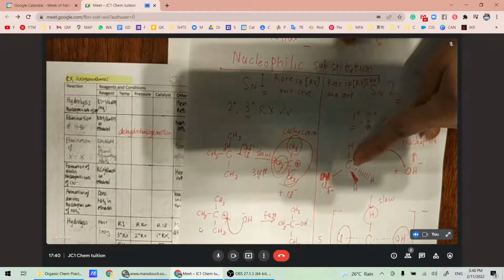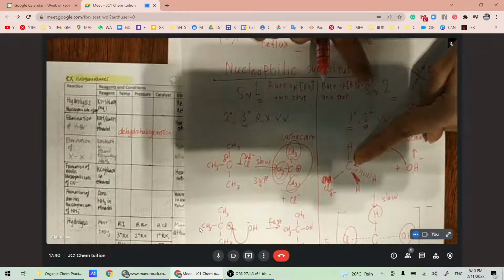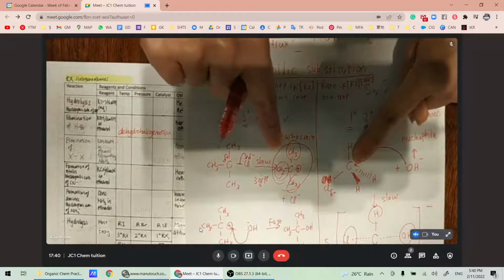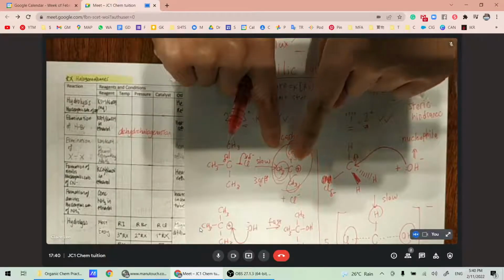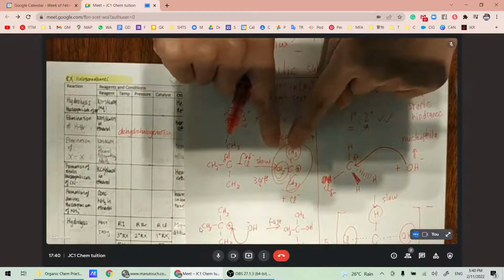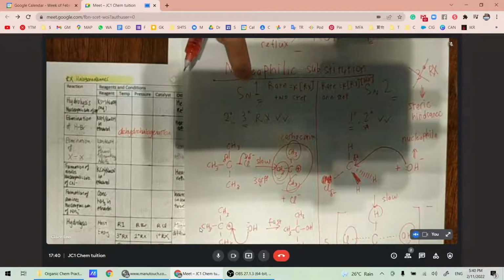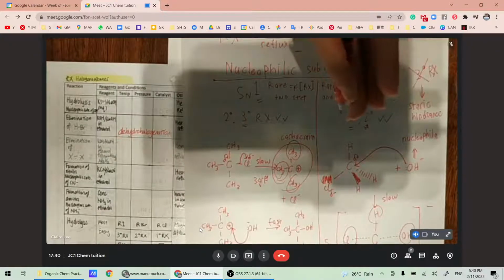You know what I am writing? Pointing at here. This one, I'll probably explain that it undergoes SN2 because it cannot undergo SN1 due to the lack of stability of the carbocation being formed.